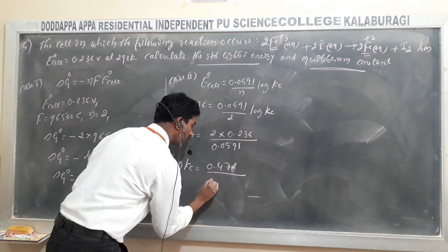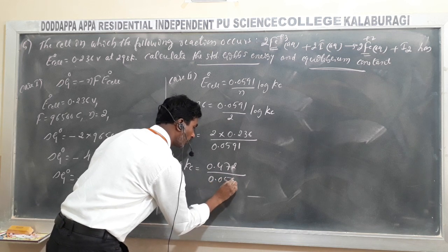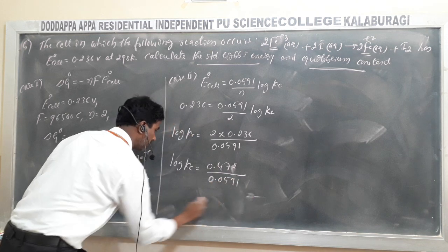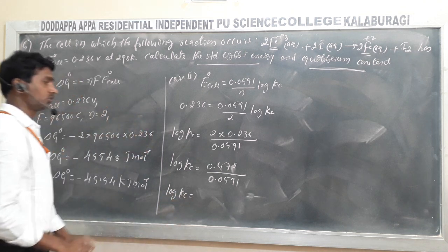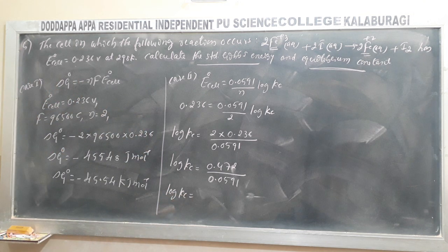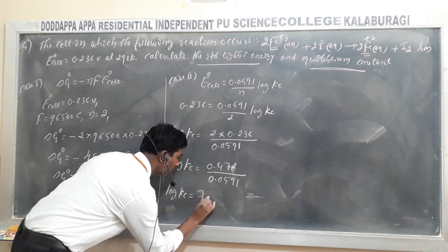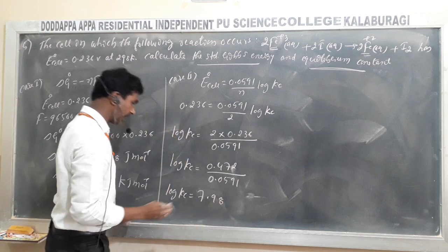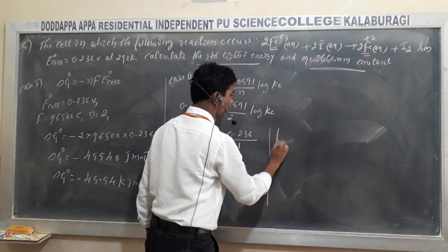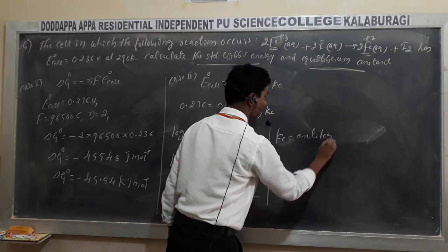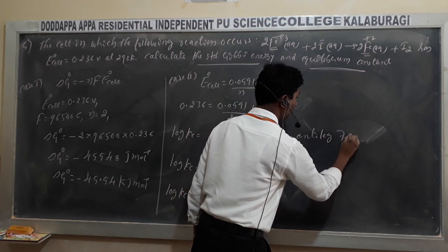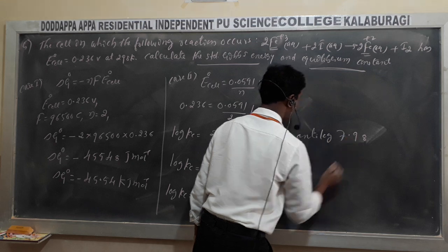0.472 divided by 0.0591. Now I can write here log of Kc is 0.472 divided by 0.0591. So we can get 7.98. Now how to find the equilibrium constant? Kc is equal to the antilog of 7.98.